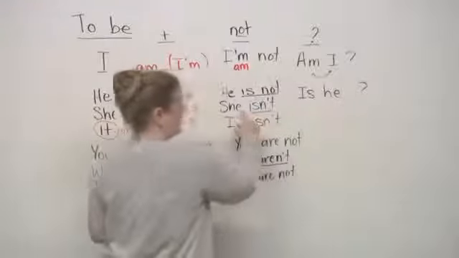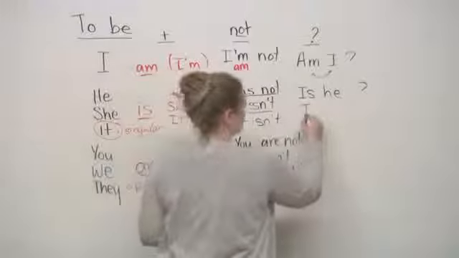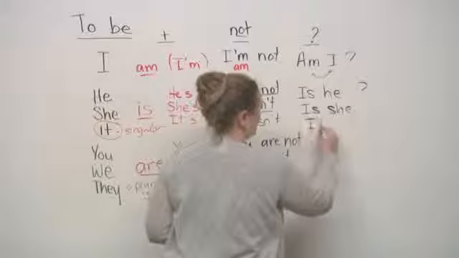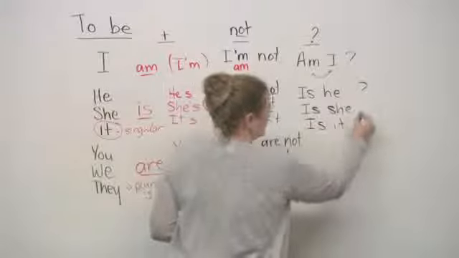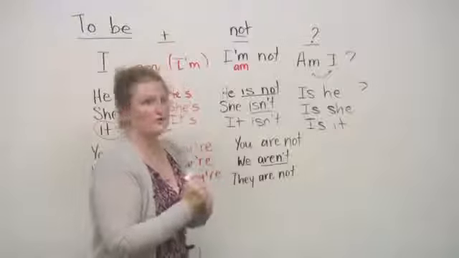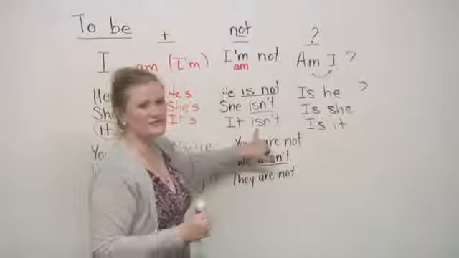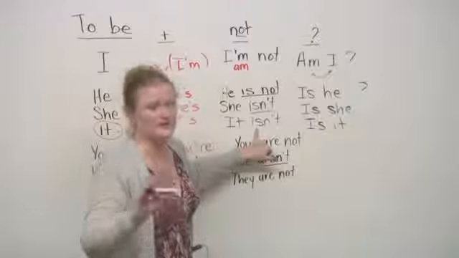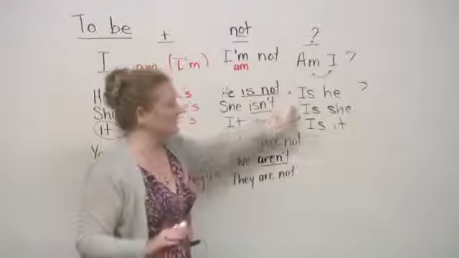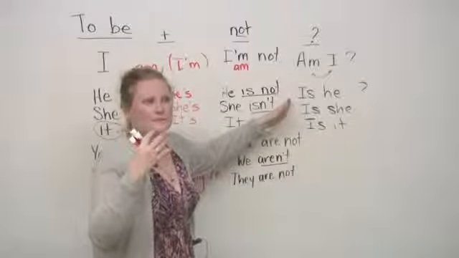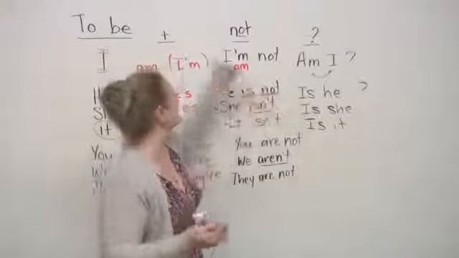We also say, is she, or is it. It's very unusual if we would start a question with, isn't it. We do say that sometimes, but it's not usual. What I want you to concentrate on is just the regular questions in the affirmative or in the positive.